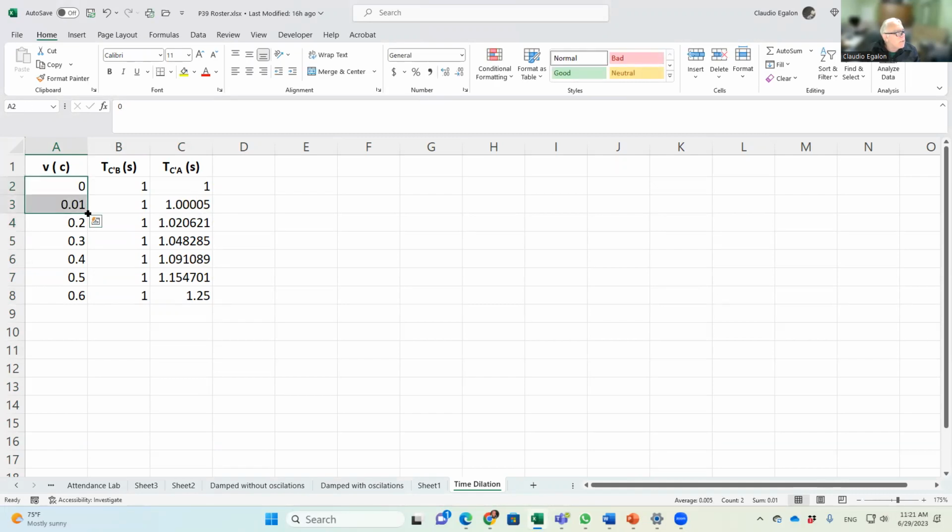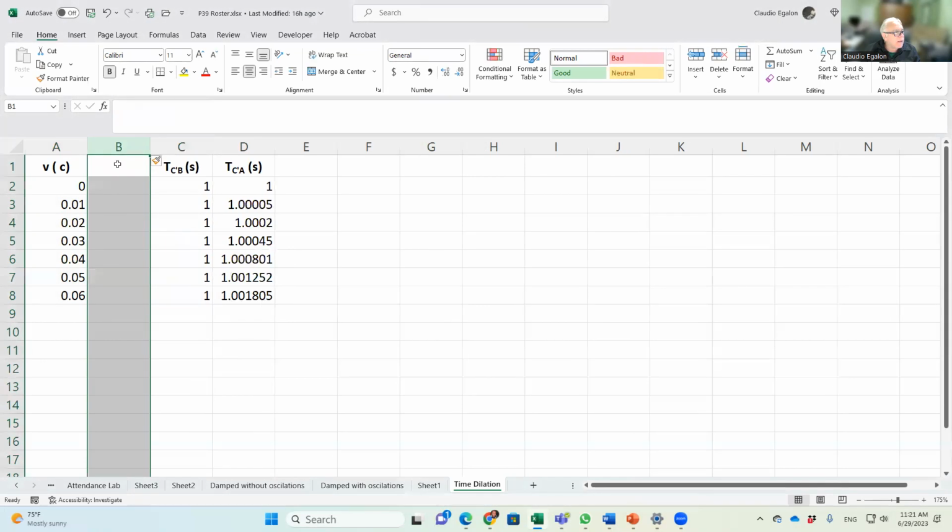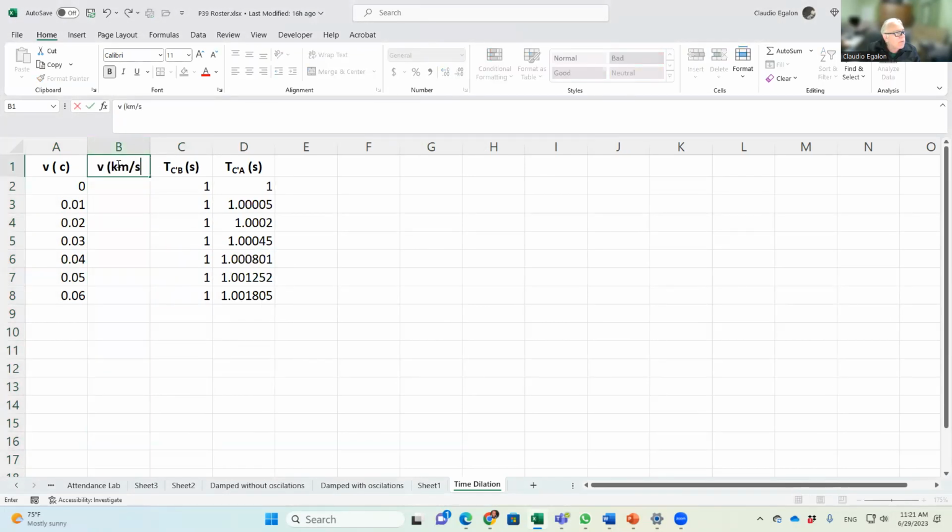Otherwise, we're not gonna see the details. 0.01 the speed of light. Let's put that in terms of kilometers per second. Kilometers per second. Okay. 3,000 kilometers per second.